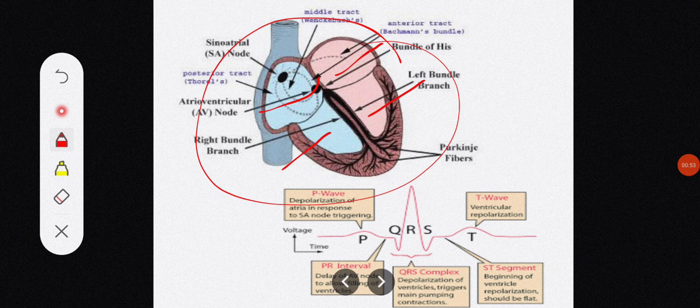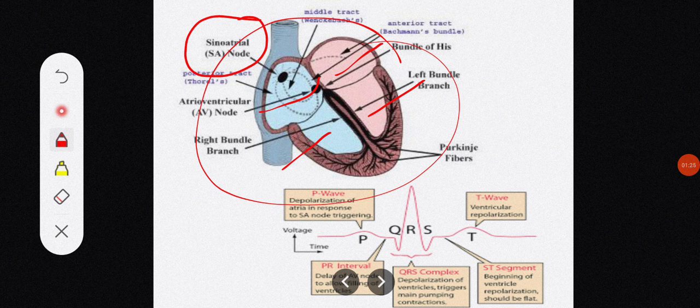Now, as you can see, at the top of this right atrium, there is a node, a point which is called the sinoatrial node, or you can say this point is called the pacemaker. So basically at this node, this pacemaker, there are specialized cells which generate action potentials at a regular rate, and this pacemaker is responsible for the rhythmic heartbeat of the heart.